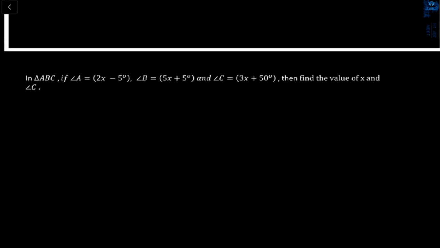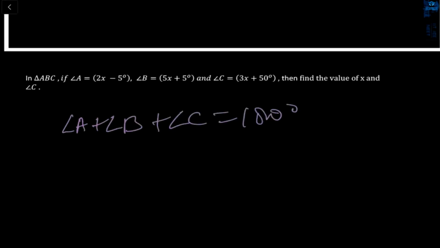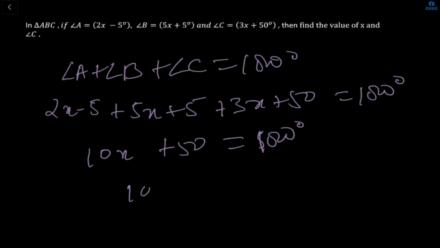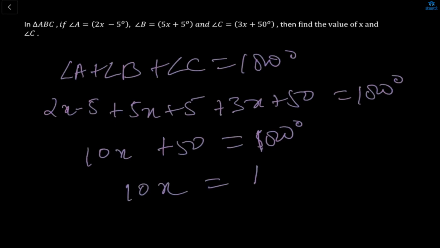So angle A plus angle B plus angle C will be equal to 180 degrees. 2x minus 5 plus 5x plus 5 plus 3x plus 50 is equal to 180. That gives 10x plus 50 is equal to 180, so 10x would be equal to 130 degrees, and then x will be 13.